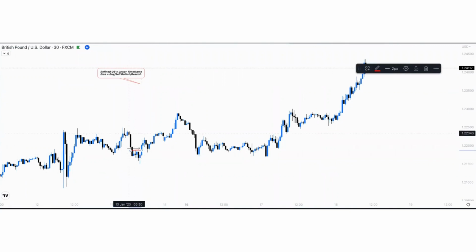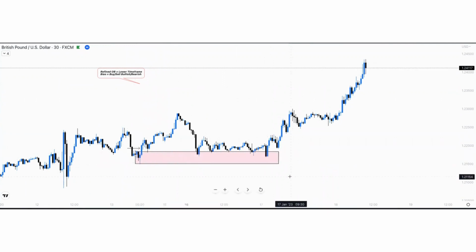For example, this is a bearish move that then changed its character to the upside, and when it changes and has a significant move to the upside, it creates a demand, right?